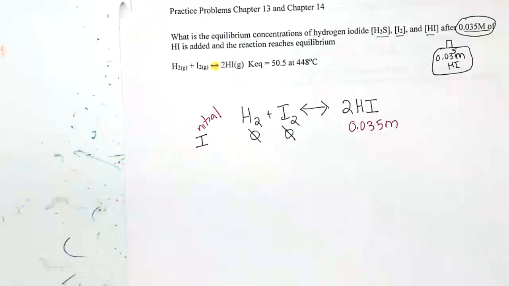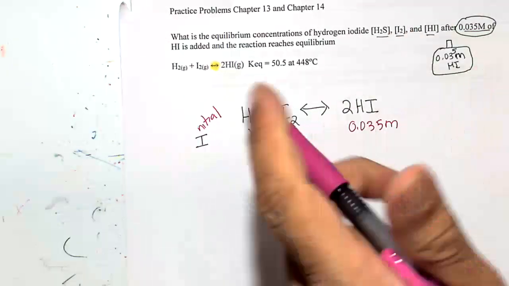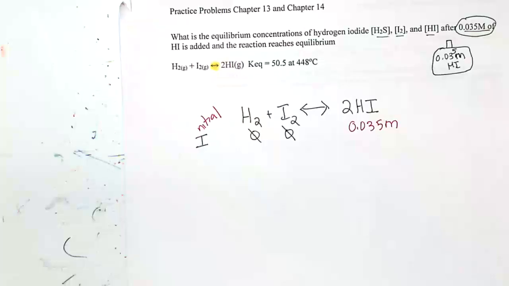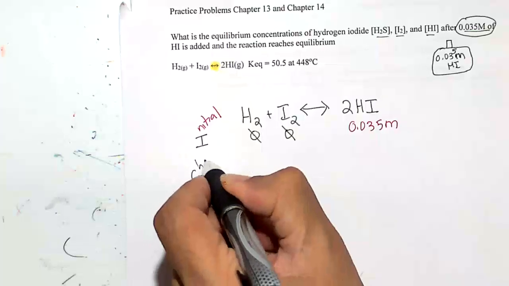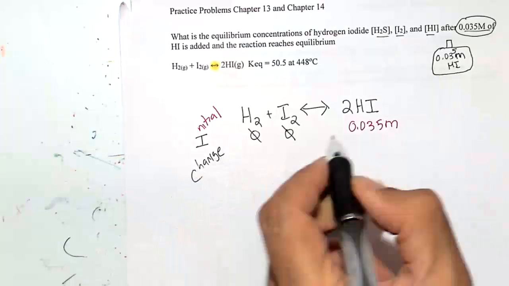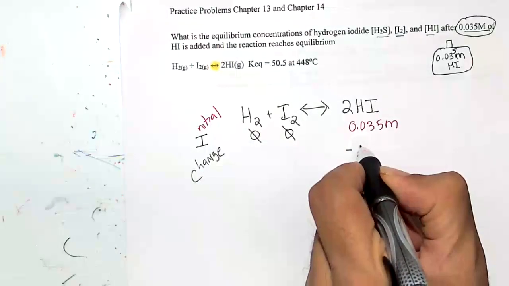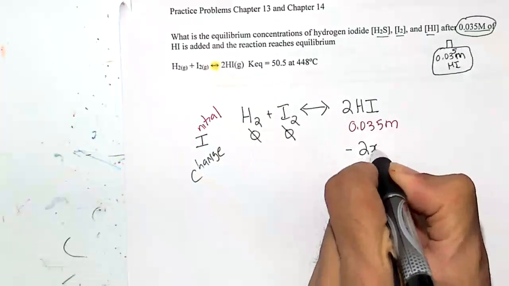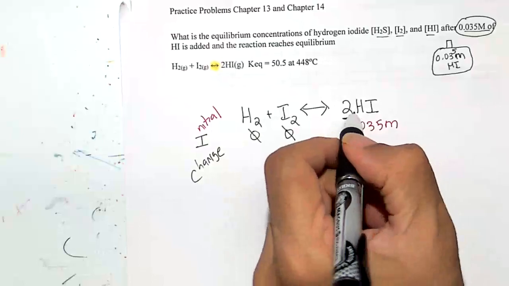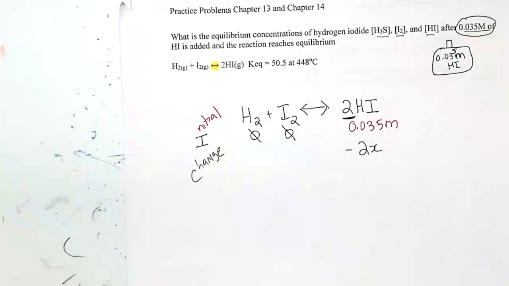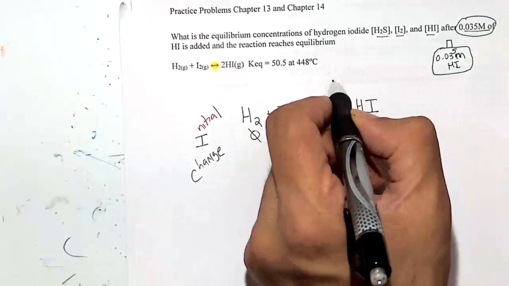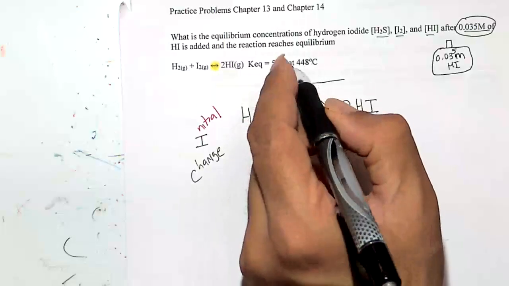That's not all that's going to be in that bottle. Some of it will go this way. That change we're going to call C. And it's not going to be minus x, it's going to be minus 2x. Why? Because of the stoichiometry, or the coefficient 2. And we stated it's going to shift left.